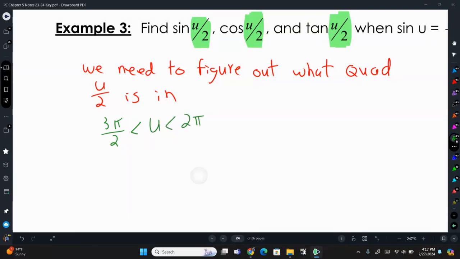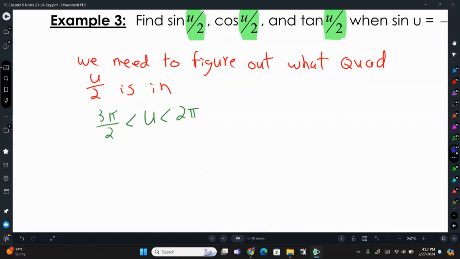Well, we want to know about u over 2. So if we divide everything by 2, dividing by 2 is the same as multiplying by 1/2. So we have 3 pi over 4 is less than u over 2, which is less than pi.